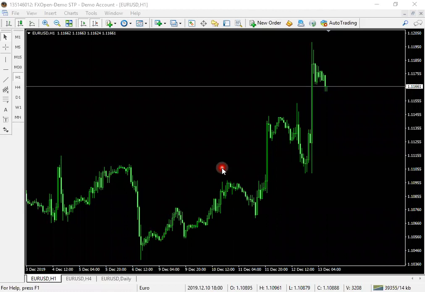Now, as simple as that does sound, there are other elements to Japanese candlesticks firstly, and then to candlestick patterns secondly, that we need to familiarize ourselves with in order to make trading decisions, whether to get into the market and as well to get out of the market if there's a potential for us to take some profits.